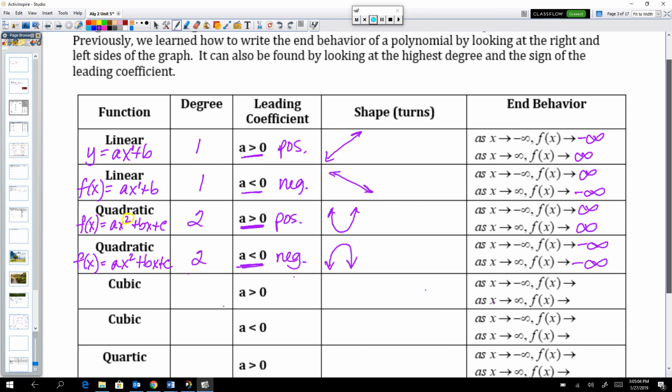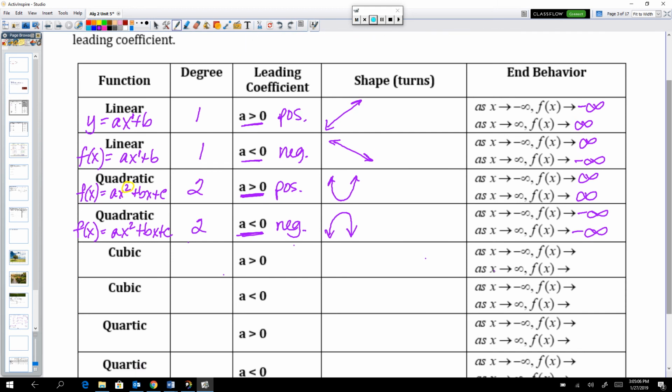We talked a little bit about cubics as well. We didn't dive quite so deep into them, but we looked at cubics, and we knew that the standard form for a cubic is ax cubed plus bx squared plus cx plus d, right? The highest power listed there being a 3. So if that's true, we have a degree 3 polynomial.